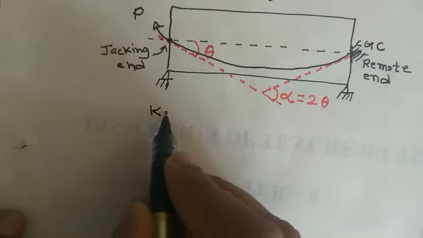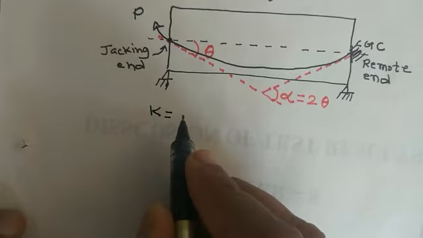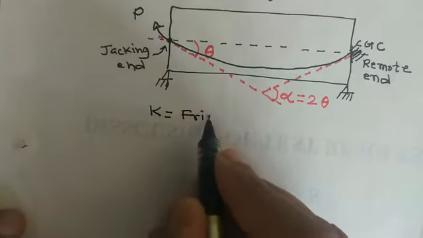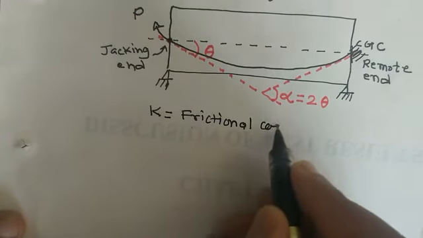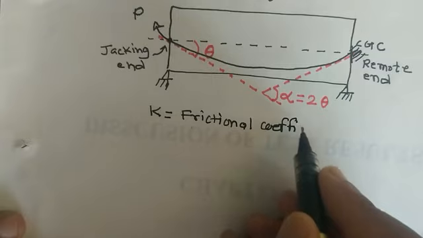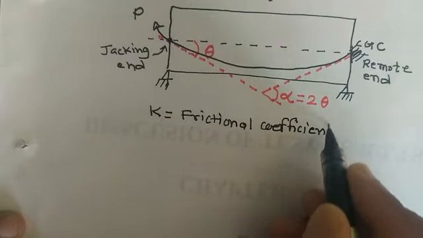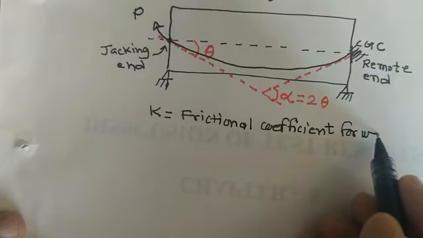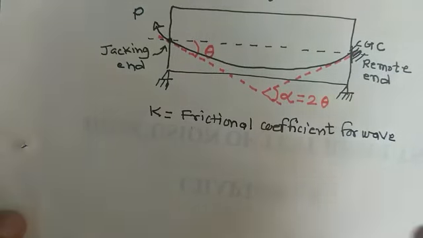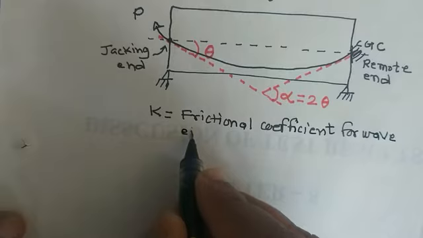What is the next term? K. K is the frictional coefficient for wave effect.